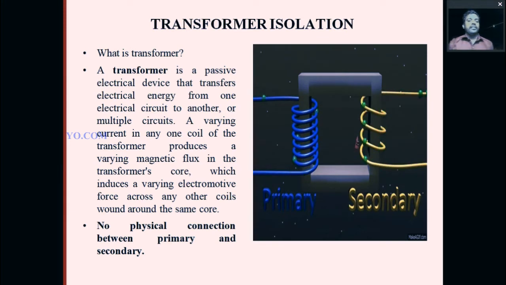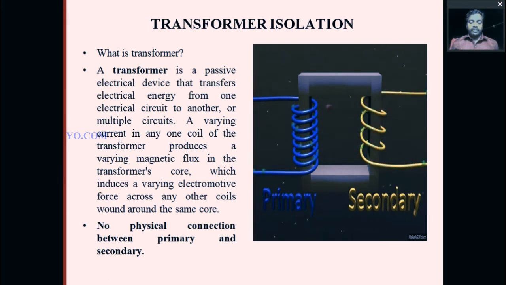So this is a transformer. Here, the primary side voltage is transferred to the secondary side in the form of magnetic flux. See, the pink color is moving this way; the movement differs depending on the current flow direction, based on the positive and negative cycle of the AC signal.